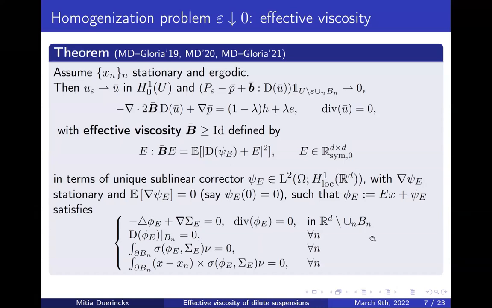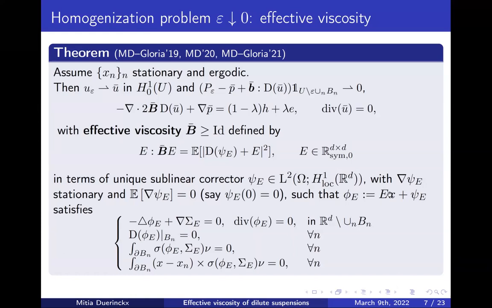And so this corrector, the interpretation is very simple. You should just think that if you fix yourself a direction E to compute the effective viscosity, E is just some kind of trace-free matrix, because everything is divergence-free. So if you fix yourself E, you can look at the linear coordinate in that direction, Ex. Of course, Ex is divergence-free, so it satisfies the Stokes equation in the whole domain.